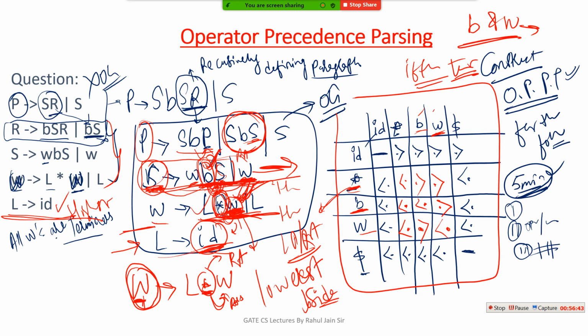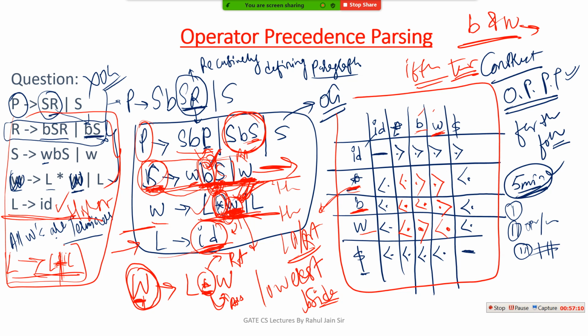Suppose I add one more transition here, that L derives L plus L. In this grammar, if I add one more transition, that L derives L plus L, then you will say that this addition sign has the highest precedence among these terminals. Why? Because this addition operator is on the lowest side, in the bottommost position.